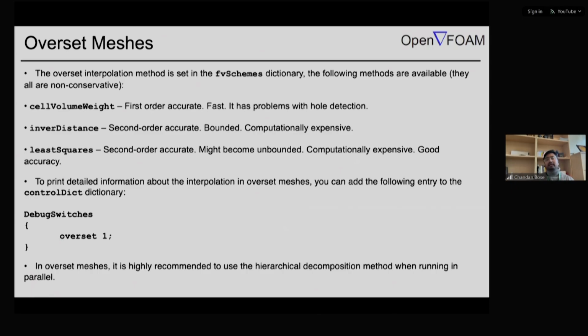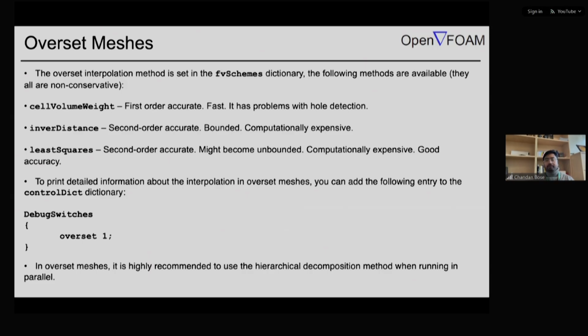Now, as I mentioned, for overset mesh we need different types of interpolation schemes, and they vary in their accuracy and computational intensiveness. So we have cell volume weight, inverse distance, and least square, and we can try different interpolation techniques and opt for the most accurate one within the computational cost that we can afford.